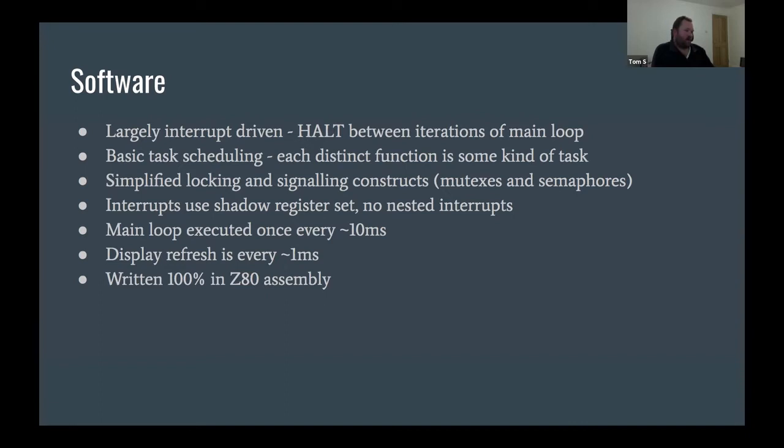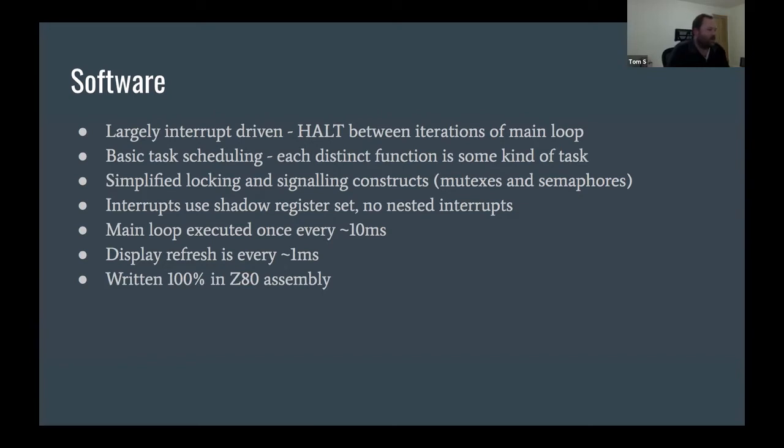So the main loop is executed once every 10 milliseconds, generated by an interrupt from the CTC. As I was saying before, on that 10 millisecond interrupt, things like the button reading task will be scheduled. Maybe the watchdog poking task will be scheduled, and the display effect task will get scheduled to run.